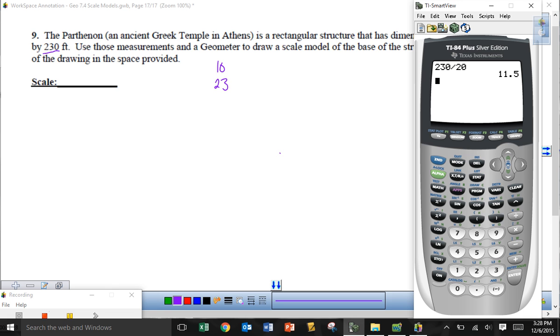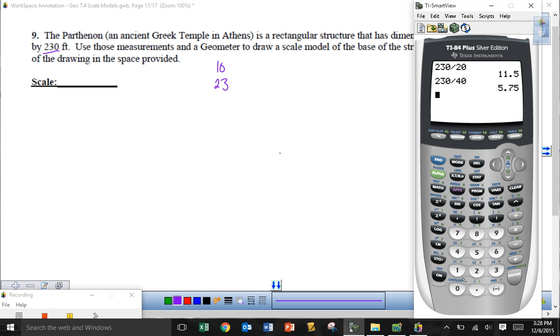So let's keep going. Instead of dividing by 20, let's divide by 40. Okay, I've got 5.75. That's a decent number to try to draw because 5.75 inches is 5 3/4. That's something that we recognize.